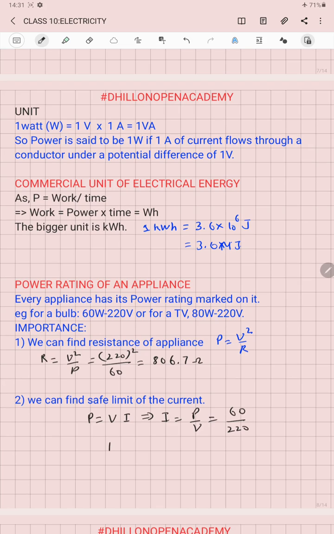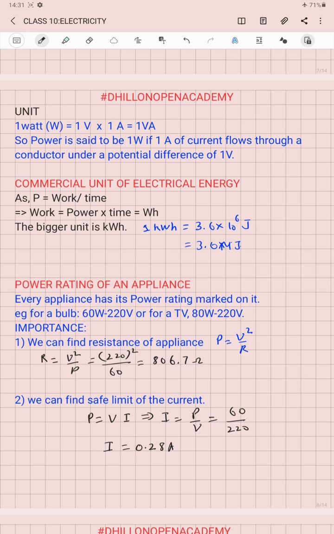So the safe limit of the current is equal to 0.28 ampere. This means that this is the maximum current which we can pass through the bulb without damaging the filament of the bulb. This is called the safe limit of the current.